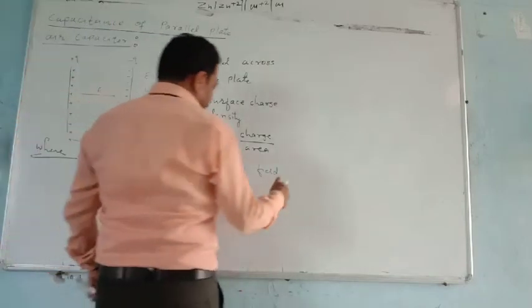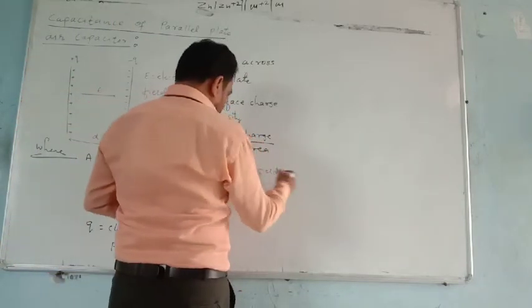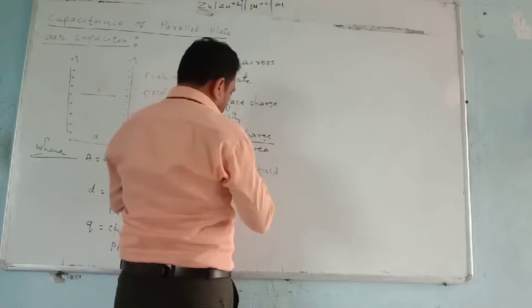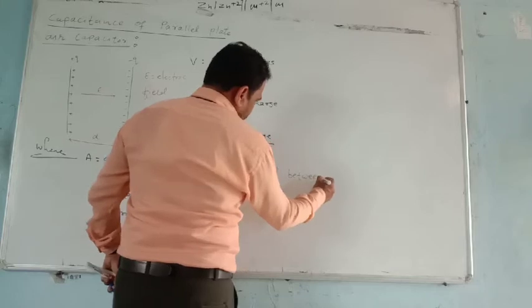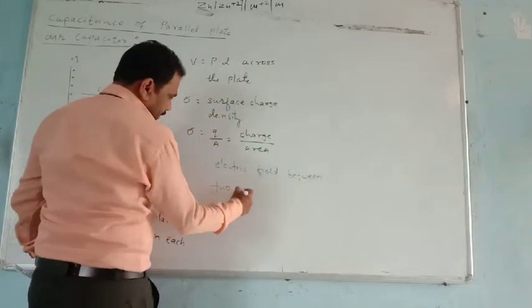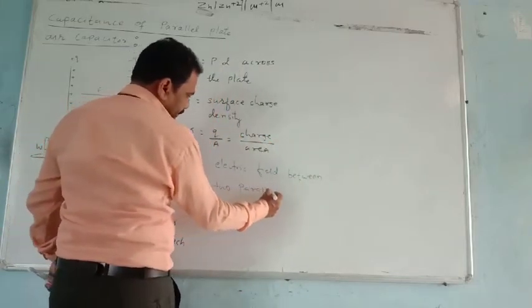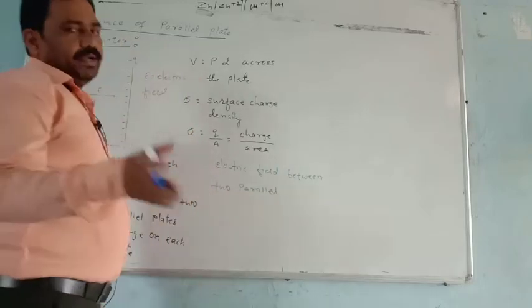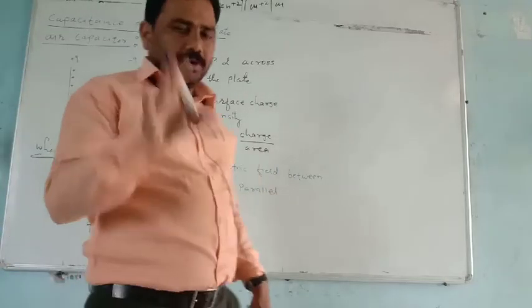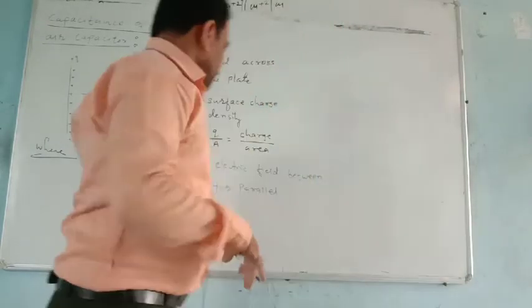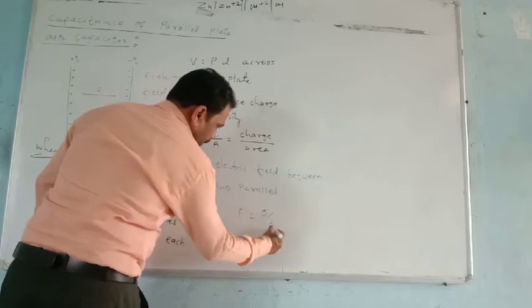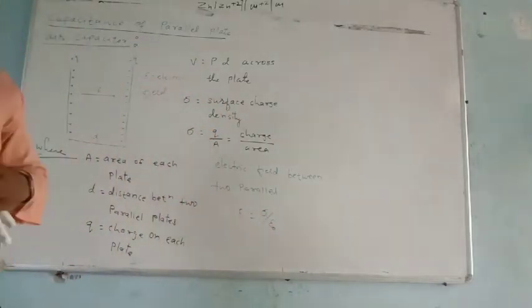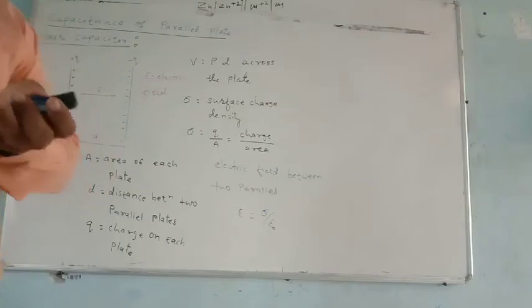So electric field between two parallel plates, we know, because the magnitude of electric field is uniform, therefore we can write sigma upon epsilon naught. You should keep in your mind electric field in between two parallel plates is sigma upon epsilon naught.